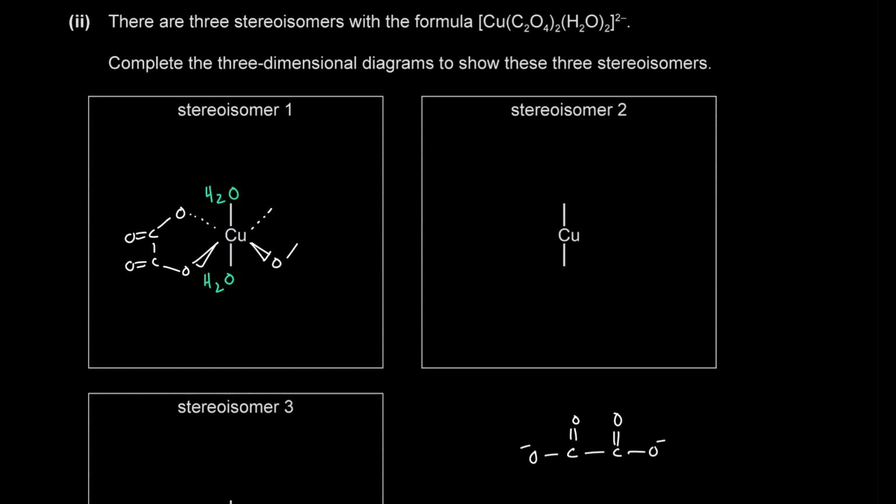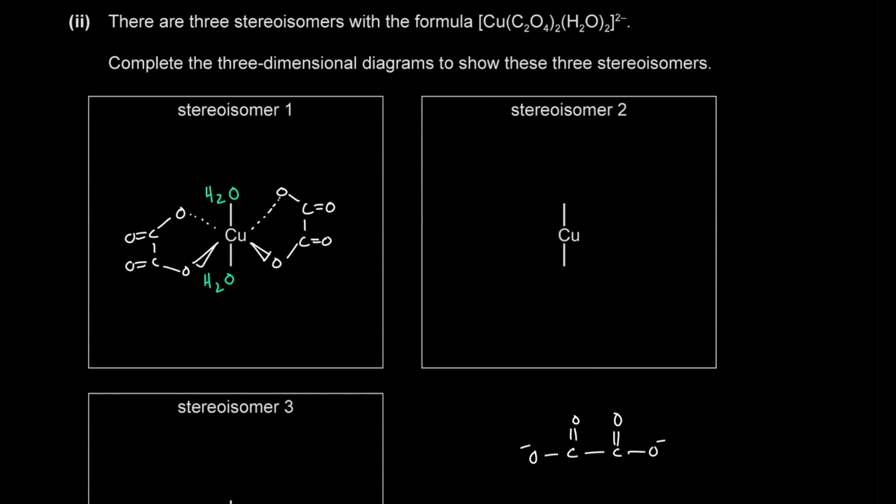So this is the trans isomer, and then we can also have the cis isomer, right?